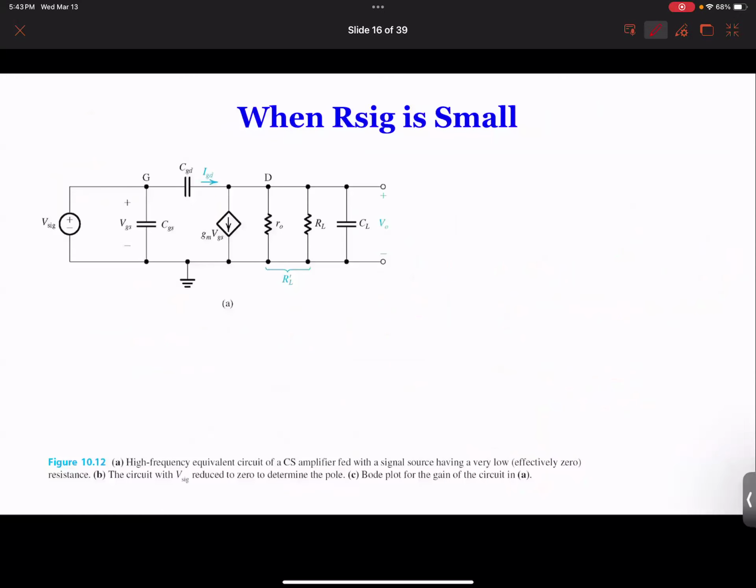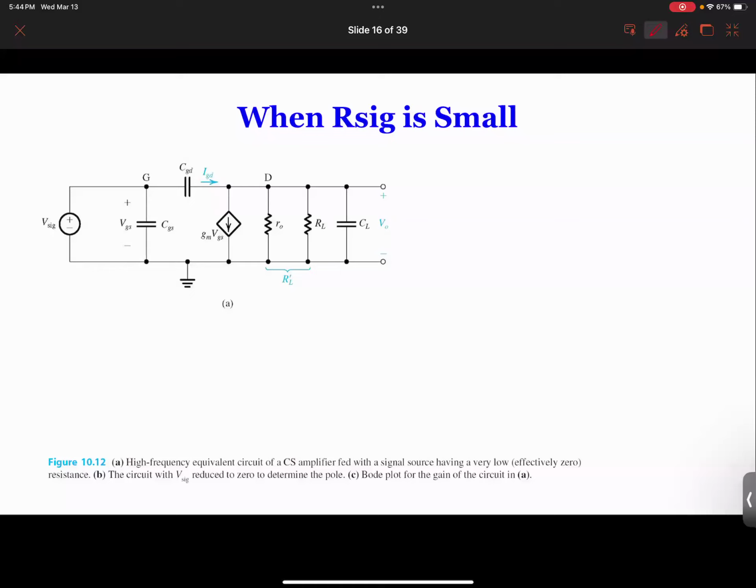In the previous example, we had RSIG as the internal resistance of the input source. In rare cases, I say rare because it doesn't happen very often, that input voltage does not have a resistance. Or in some cases, it's so small you can think it's not there.